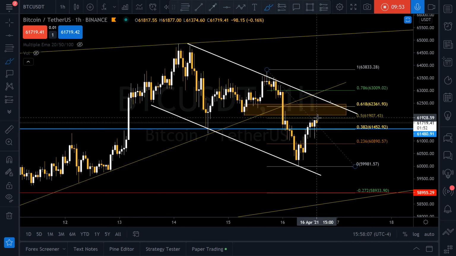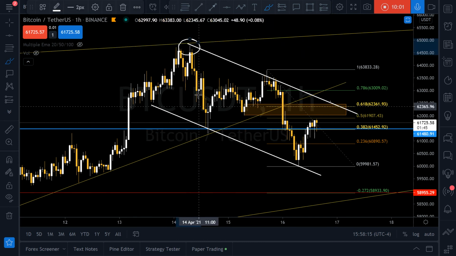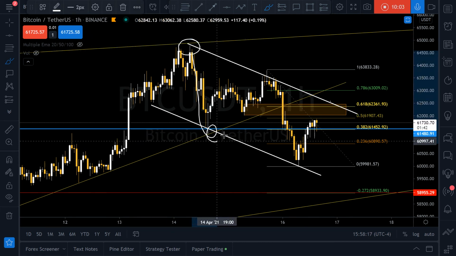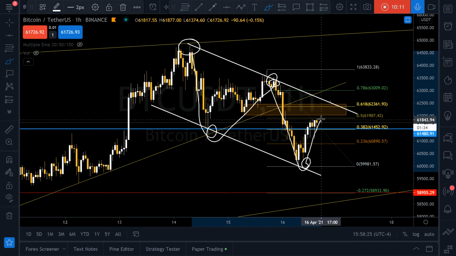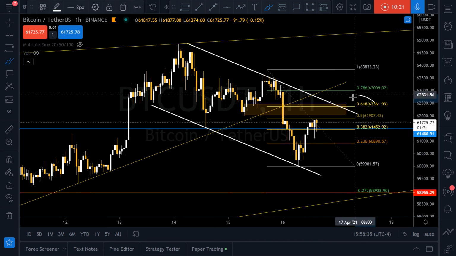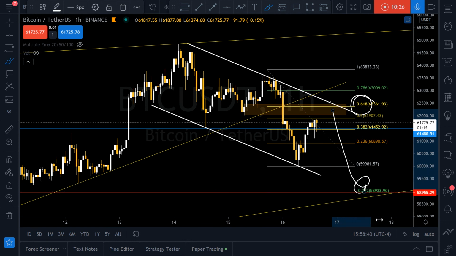If price goes to the other side, which it naturally does, once it hits the resistance side, it naturally goes down to the support side, and then up to the resistance side again. I would expect price to naturally rise back up to the resistance side of the channel. That puts us right back at the 618, and I would expect us to end up right back at the Fibonacci minus 0.27.